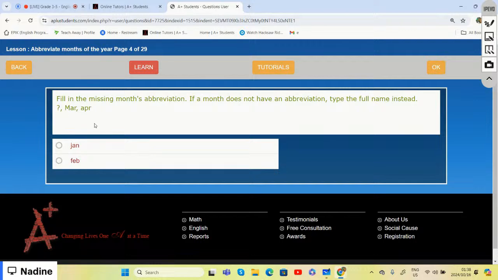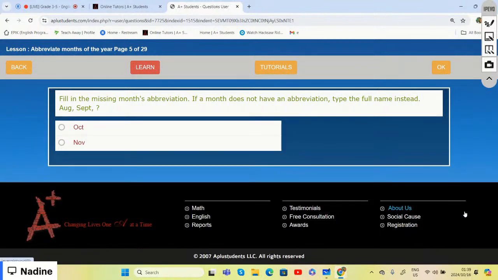So the month before March, we would say it is February, because it's February, March, and then April. Yes, so February is correct.